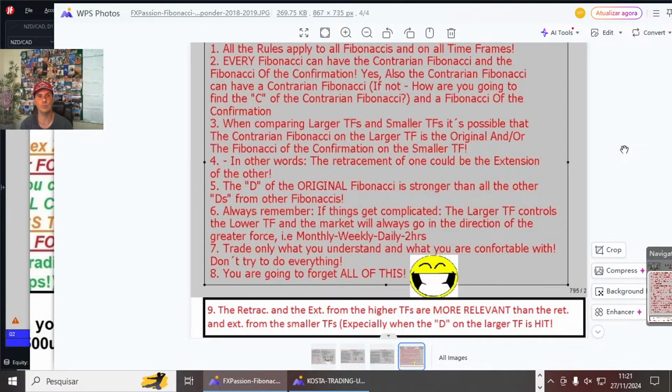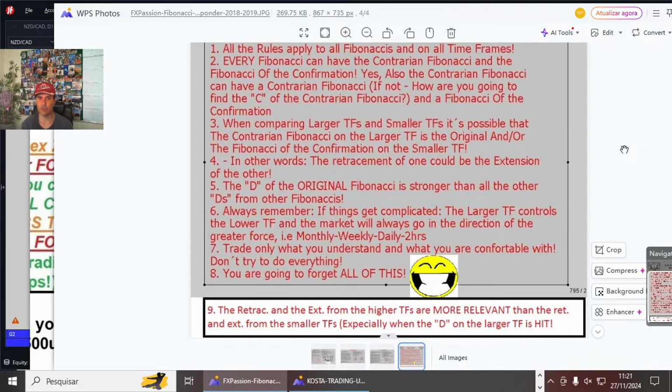If not, how are you going to find the confirmed C of the contrarian Fibonacci and the Fibonacci of the confirmation? Number 3, when comparing larger time frame and smaller time frame, it's possible that the contrarian Fibonacci on the larger time frame is the original Fibonacci and/or the Fibonacci of the confirmation on the smaller time frame. Euro dollar, it's an example. In other words, the retracement of one could be the extension of the other.